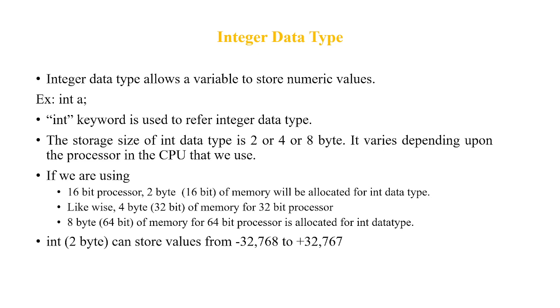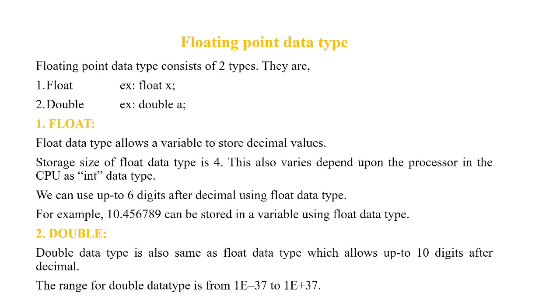If we are dealing with a 16-bit processor, the integer is going to allocate 2 bytes for that variable, and the values for the integer range from minus 32,768 to plus 32,767.